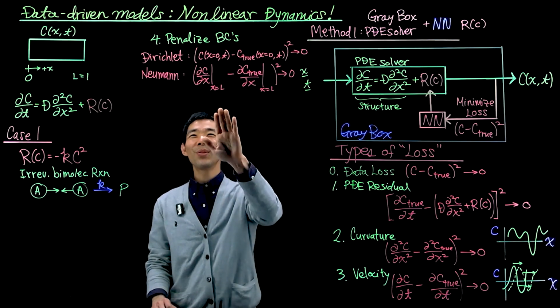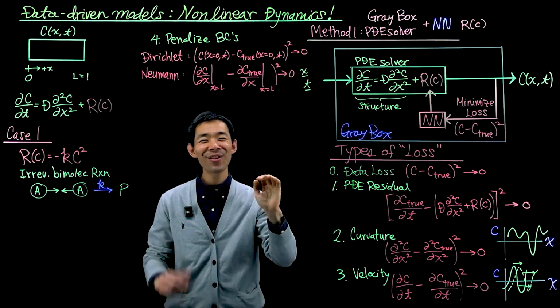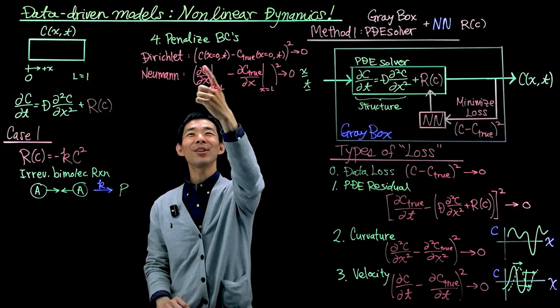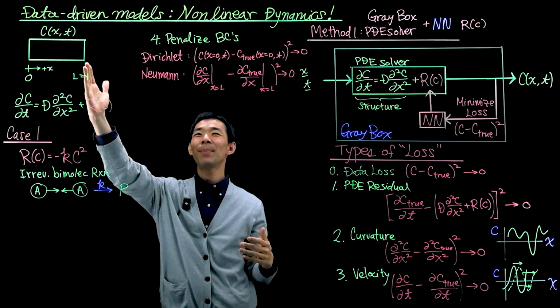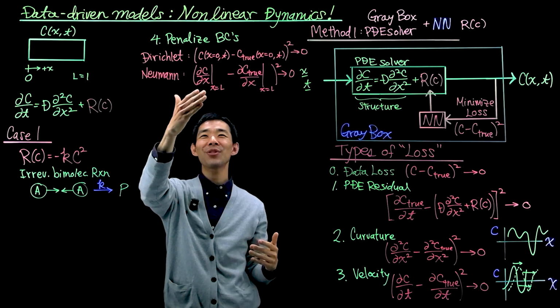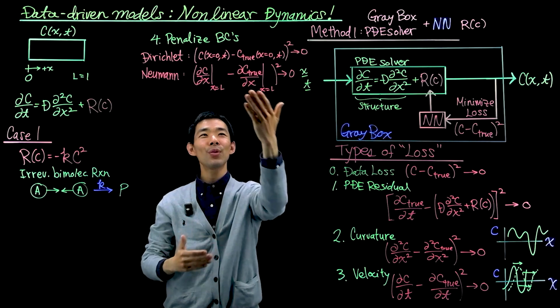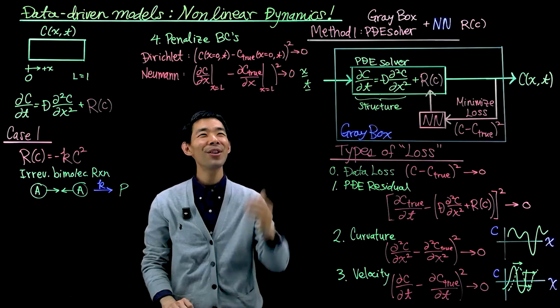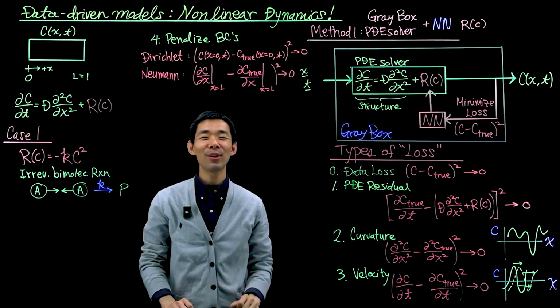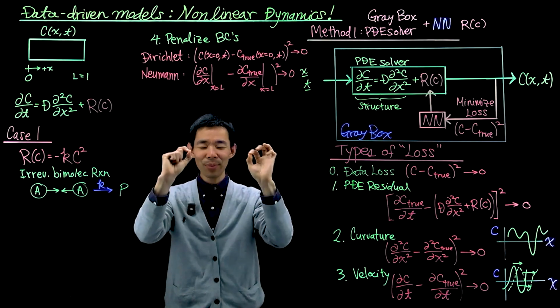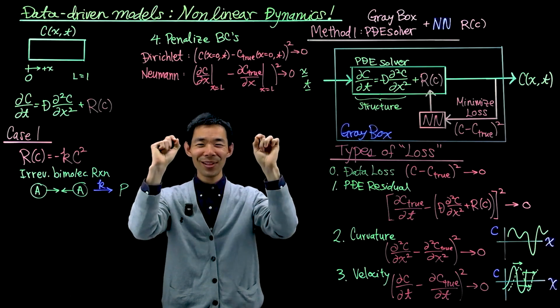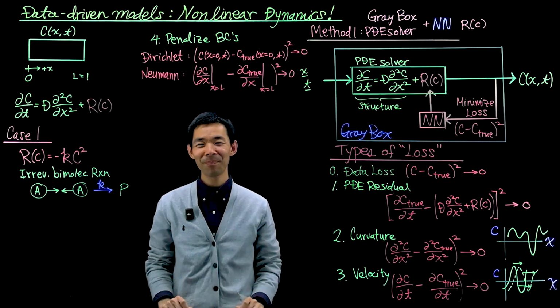You'd take the derivative in space at some boundary of your predicted concentration, at x equal to L or x equal to 0, subtract that from your true data's derivative at that value, and drive the difference to 0. That's saying, please make sure that my Neumann boundary condition is satisfied at the boundaries.